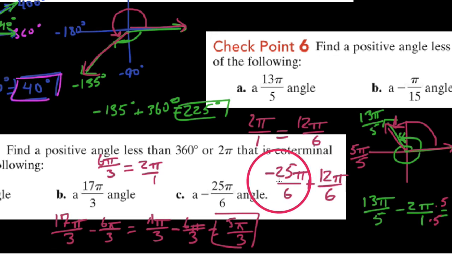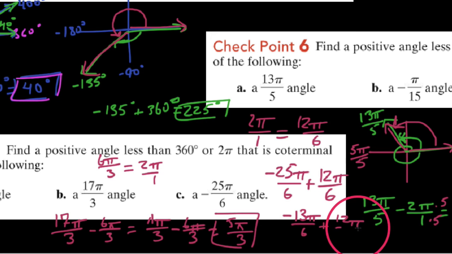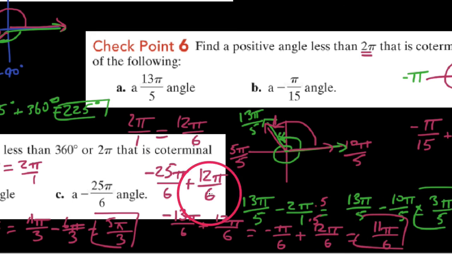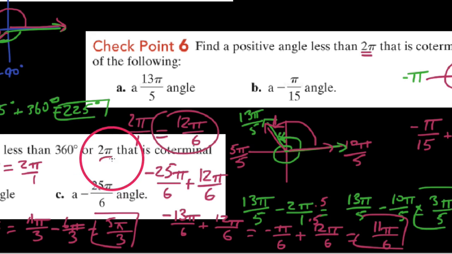And so to add 12 plus a negative 25, that'd be a negative 13 pi sixths. We have to add on another 12 pi sixths here, and we would get a negative pi 6 left over, but that's still not positive and less than 2 pi, so we'll add on another 12 pi sixths, or a full rotation here, and we would end up with just 11 pi 6, which would be less than 12 pi 6, or the 2 pi that we wanted to keep it less than here, but also positive and coterminal with the original angle.